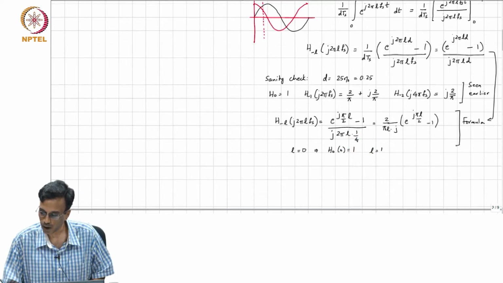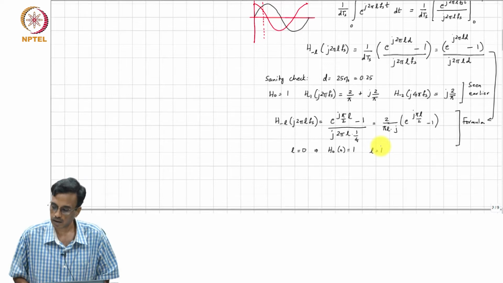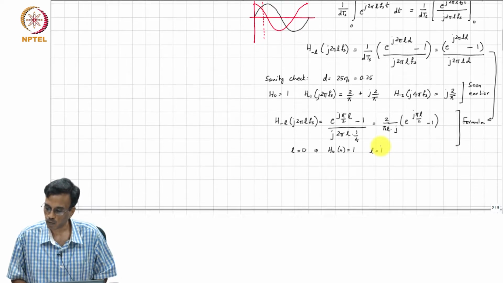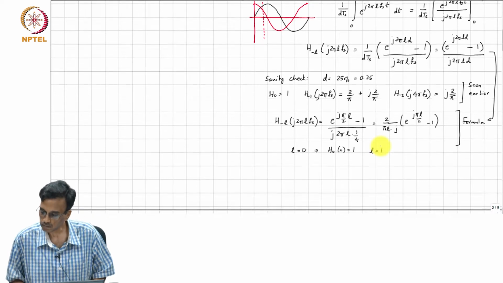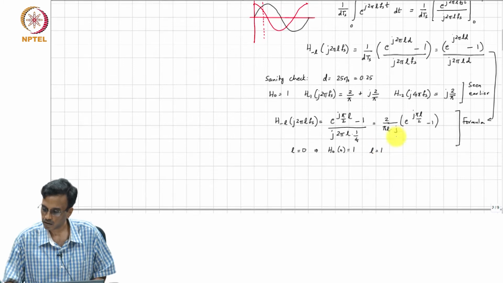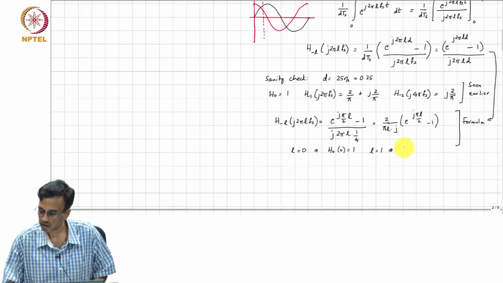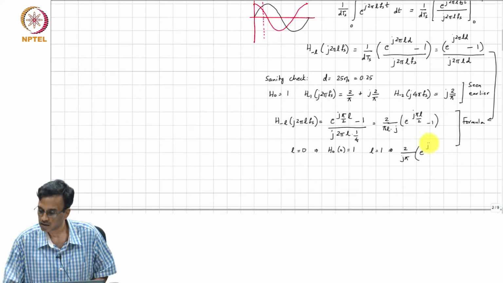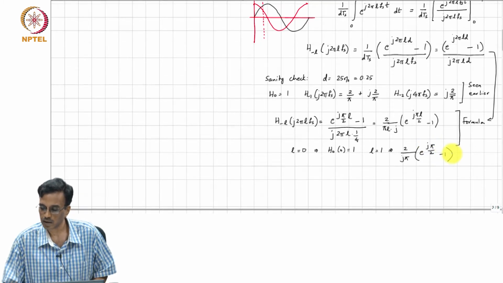L equal to 1, what do we see? This is nothing but 2 by j pi times e to the j pi by 2 minus 1, right.